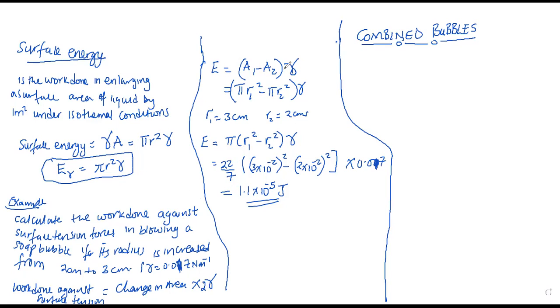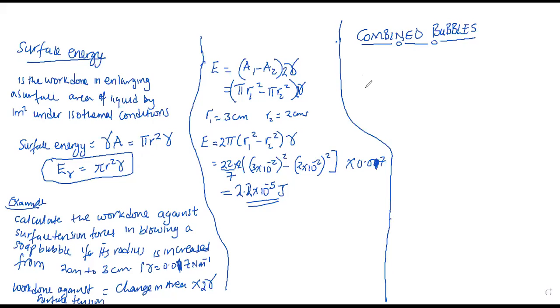Gamma for soap is always 2, so you multiply by 2, and the answer is 2.2 exponent negative 5. That is the answer. I don't know if it's raining at your side like mine, but I hope you can hear me.